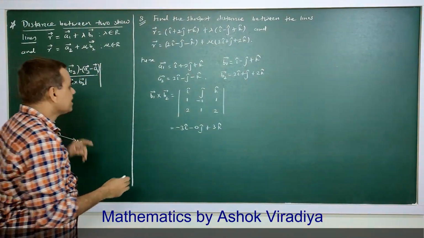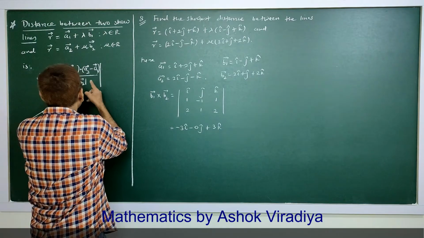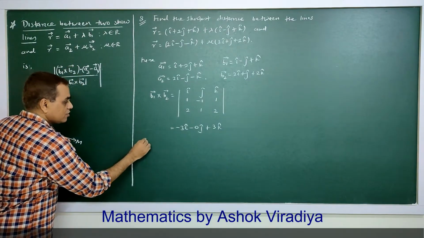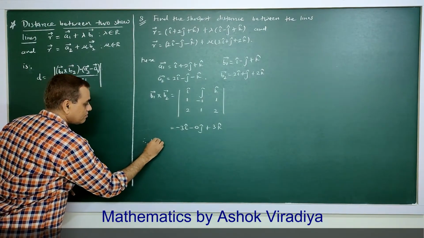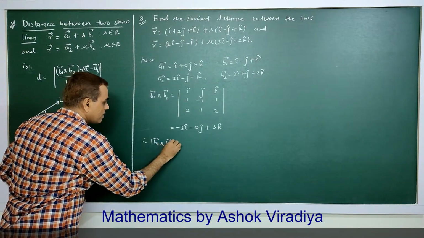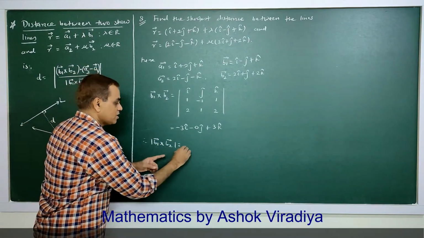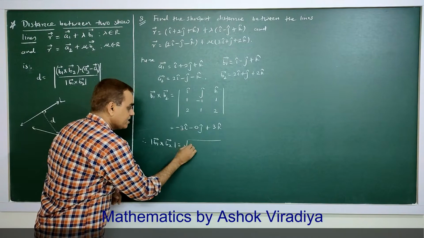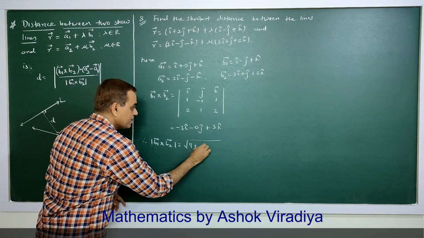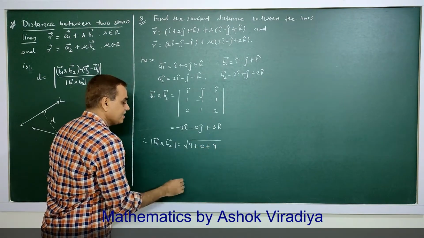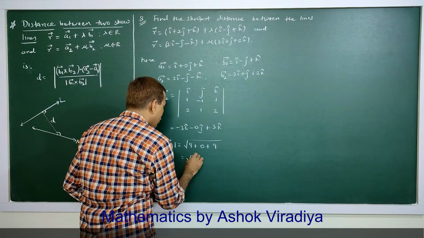Now a2 minus a1. We also require the magnitude of b1 cross b2. So its magnitude is the square root of minus 3 square is 9, 0 square is 0, 3 square is 9. So this is square root of 18.